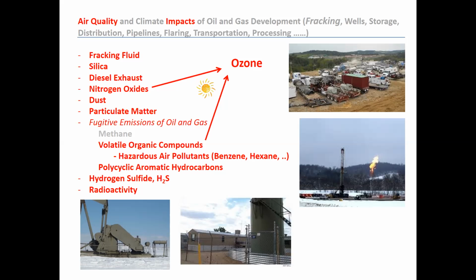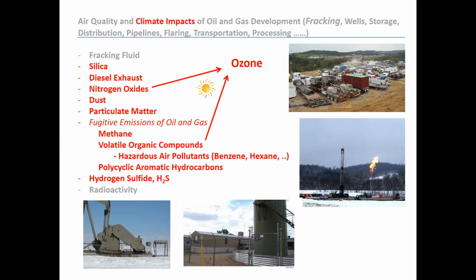Now, looking at the climate impacts, I switched this around. Now it says climate impacts. You can see it's still pretty much all red. So that's an important thing here, because many of the pollutants that impact air quality also impact the climate. There's a lot of overlap. So it matters in both arenas.